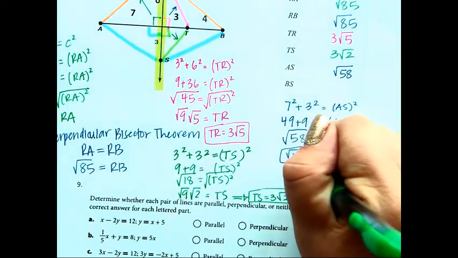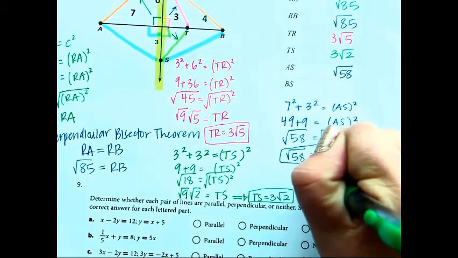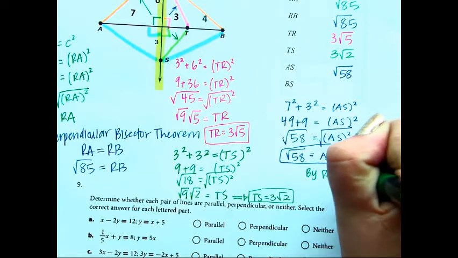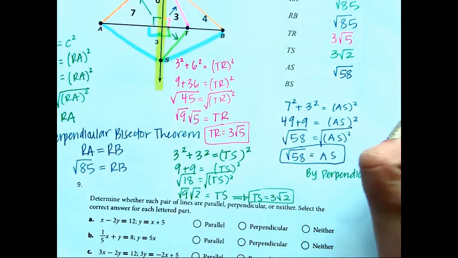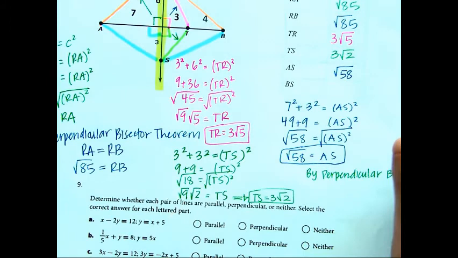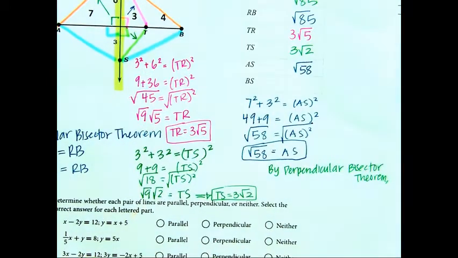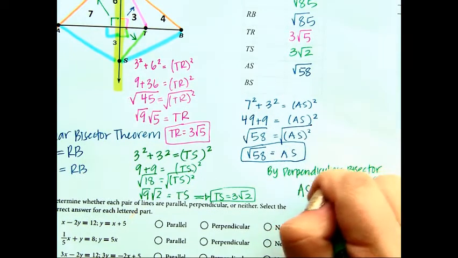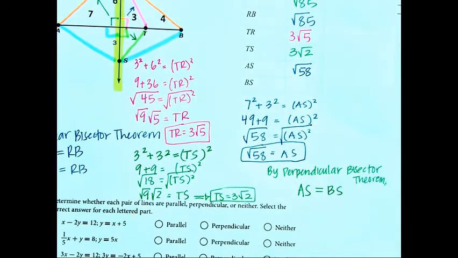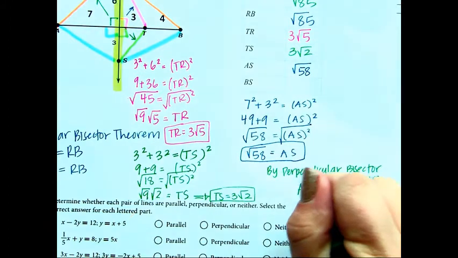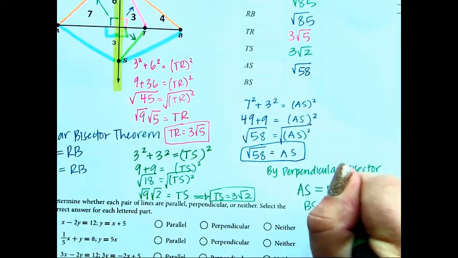So I'm going to say by perpendicular bisector theorem, I'm going to say that AS equals BS. So BS is radical 58 as well.